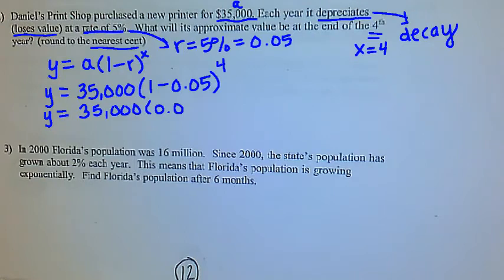If you actually do the math, it is less than 1. If you look back at question number 1, there we added, so that was greater than 1. That's a growth. So we get $28,507.72.